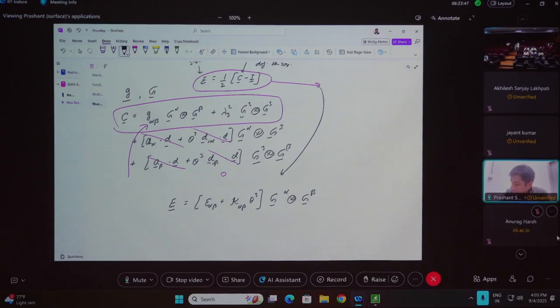So this is what comes from the first term. The second thing is lambda 3 squared minus 1, times G3 tensor with G3.